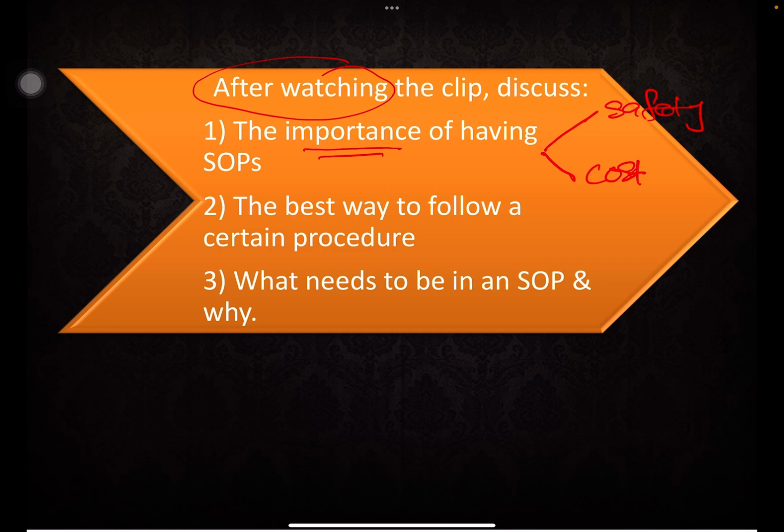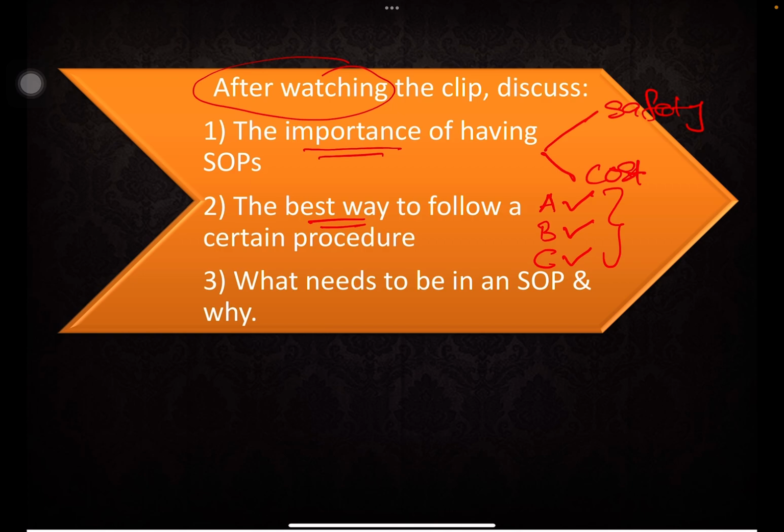Number two, which is going to be the best way to follow a certain procedure. Sometimes you may have more than one option when you are talking about standard operating procedure. So maybe you can go for method A, or method B, or method C. It depends on the situation that you are looking at.